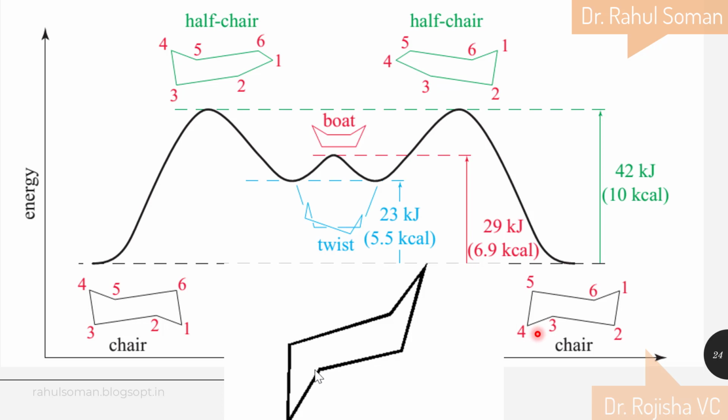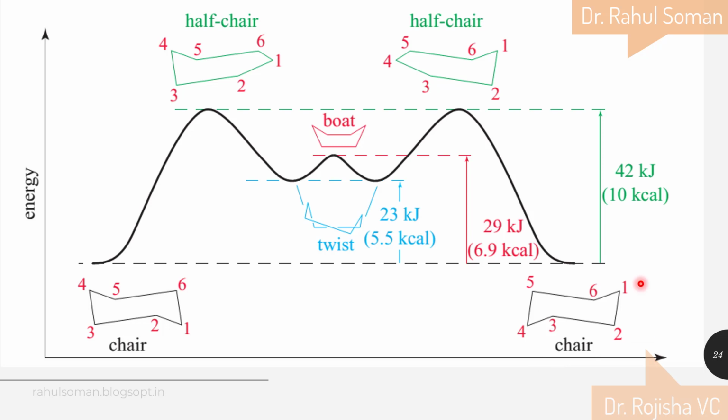We can see that here 1, 2 and 3 are coming, and one is down, whereas in the flipped form that one goes up. So going from one chair to the other chair, these are the different geometries that a cyclohexane molecule can adopt.